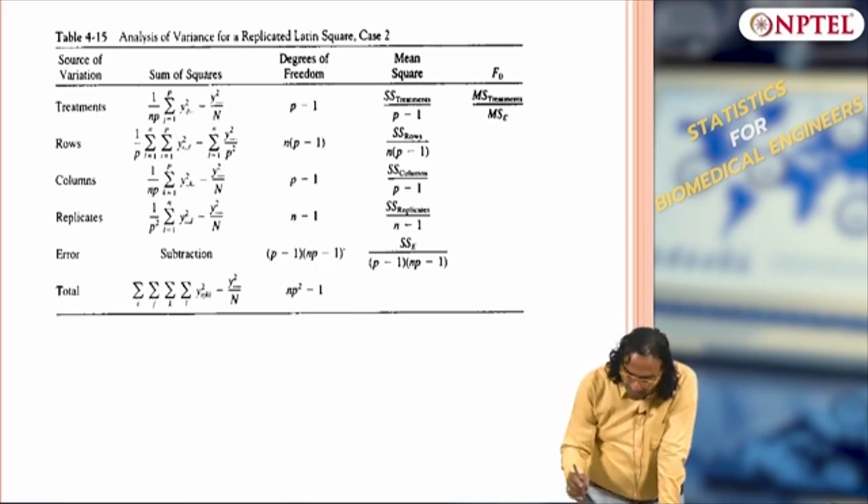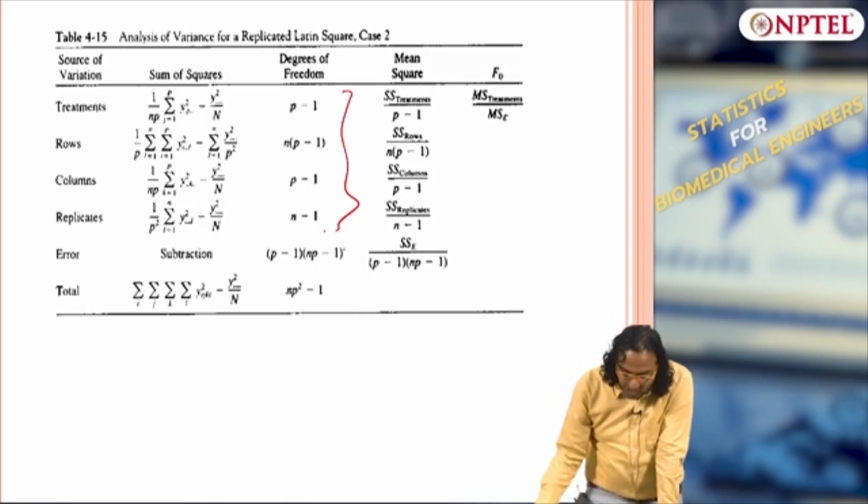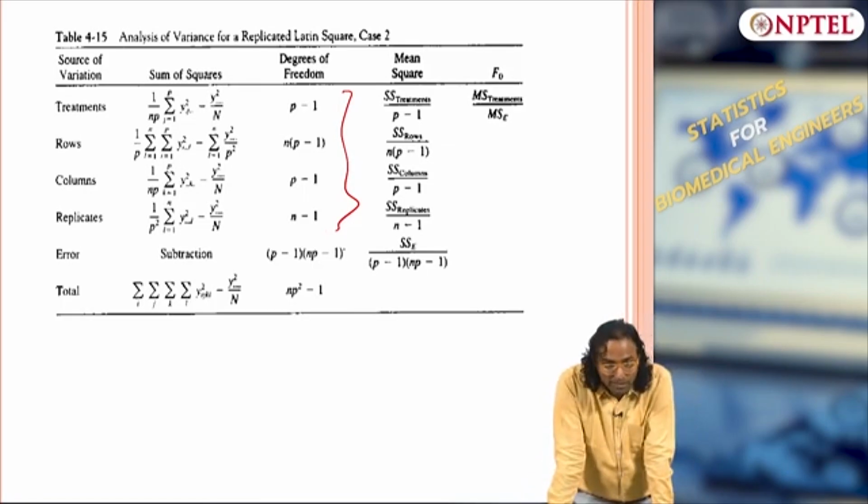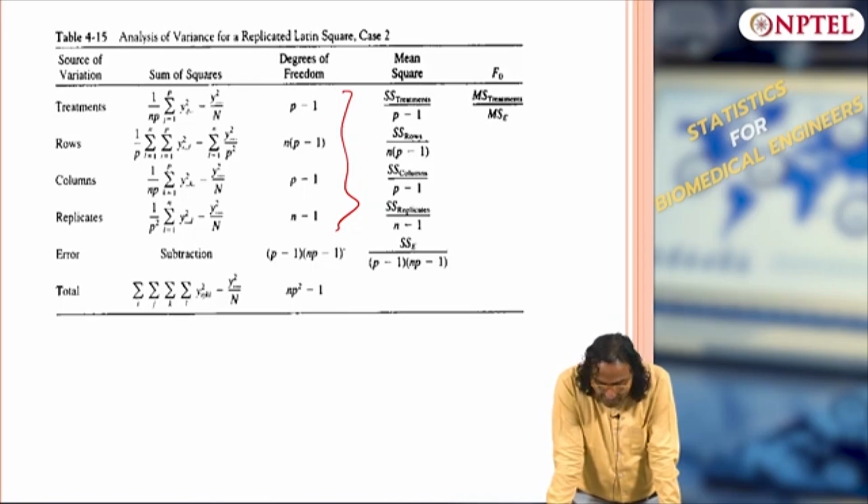In this case, can you tell me which is replicated and which is not? Rows are not replicated, columns are replicated properly.